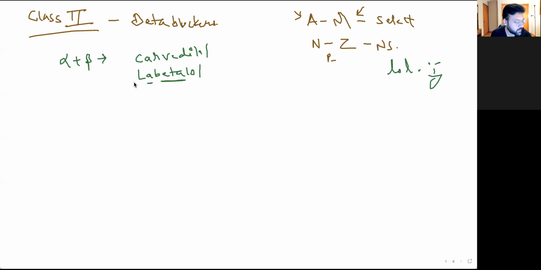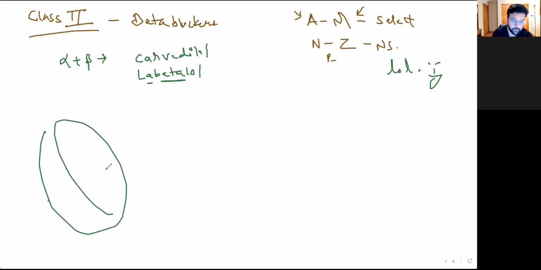They are beta blockers. Now if you're blocking beta receptors, the heart has beta 1 receptors, right? Which is a Gs type G protein coupled receptor.